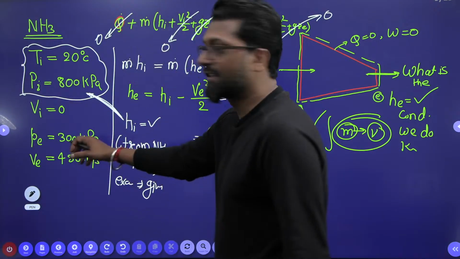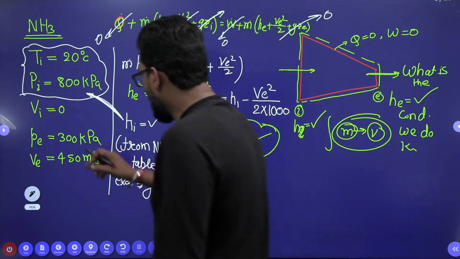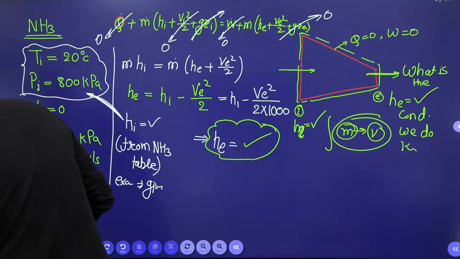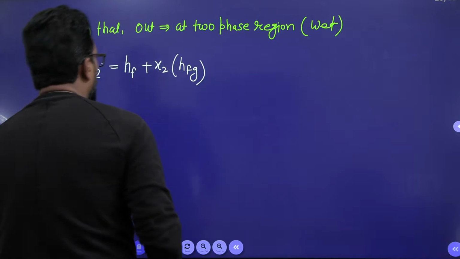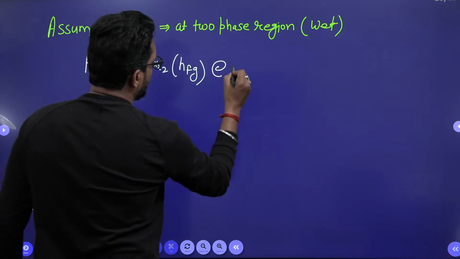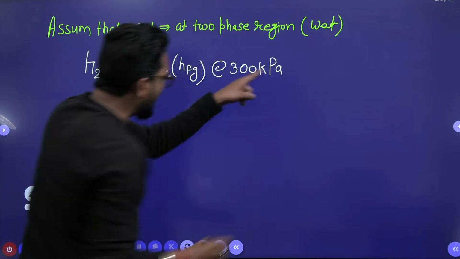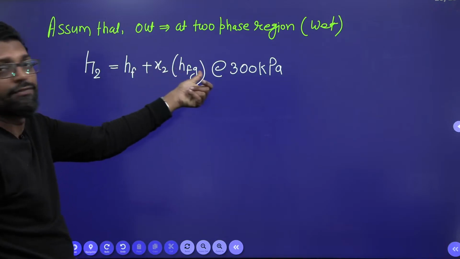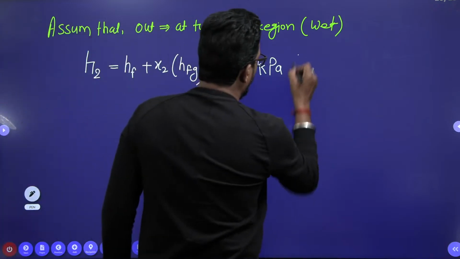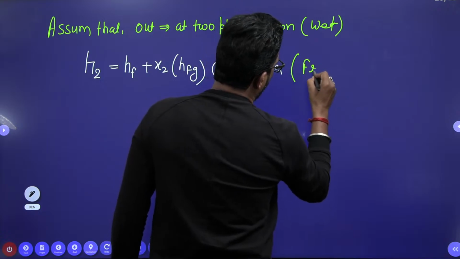300 kilopascal. So at 300 kilopascal you have to read the values of hf and hfg from the ammonia table.